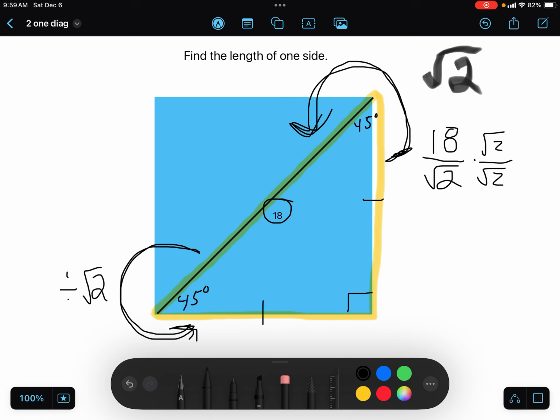That fraction I just wrote is just a form of the number 1. 8/8, 4/4, 3/3. Any fraction that has the same number on top and on the bottom is just a form of the number 1. So we can multiply it by that without changing the value of this thing. So this up top, 18 square root of 2.